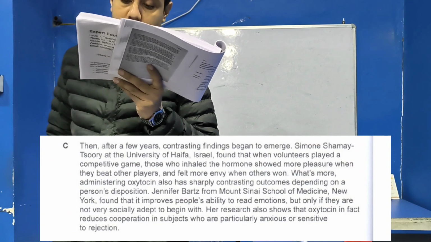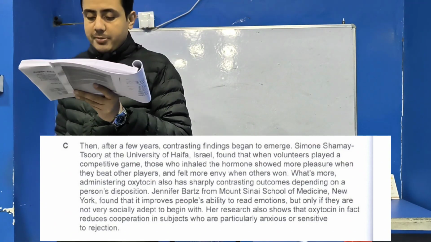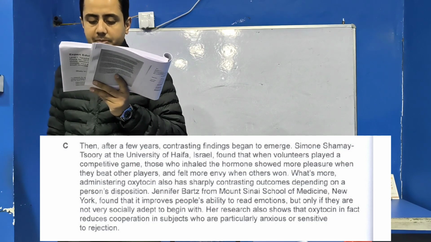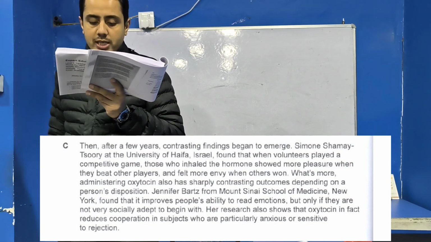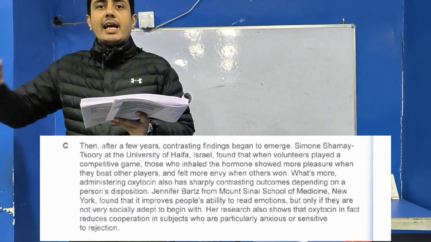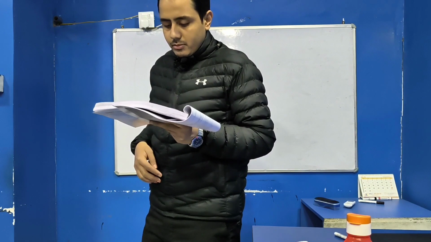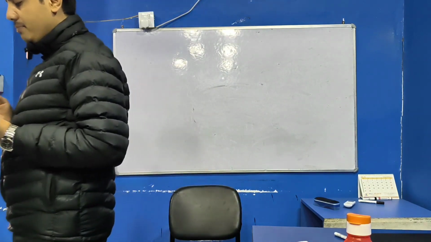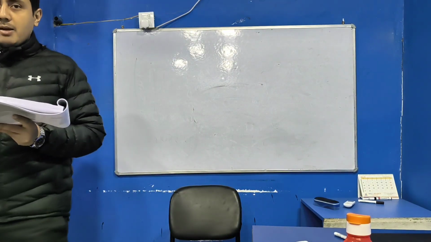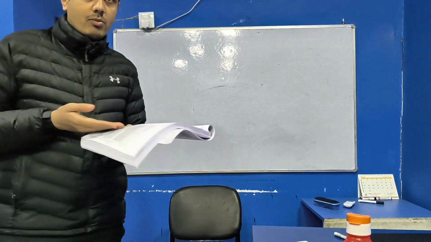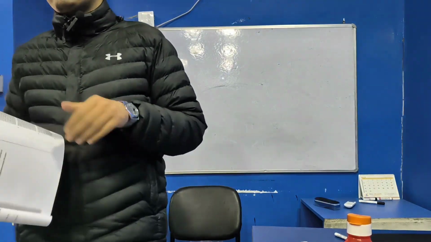It reduces cooperation in subjects. So this paragraph C has one benefit mentioned, that it improves people's ability to read emotions, but it also says it reduces cooperation. It says negative effects as well. So I don't think that number 14 is paragraph C, because paragraph B talks about benefits. Paragraph C also talks about demerits of the hormone. So maybe C doesn't have the answers.